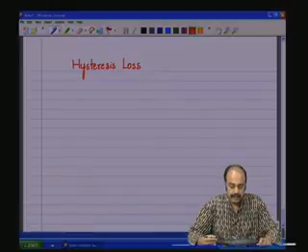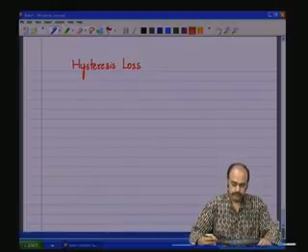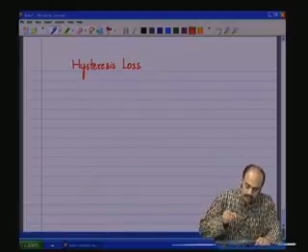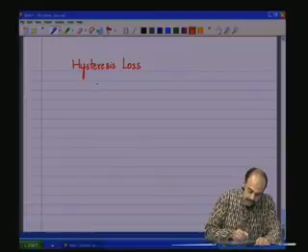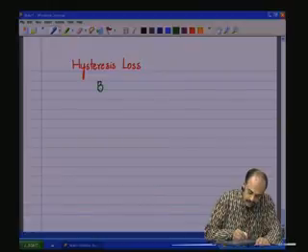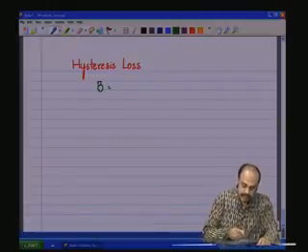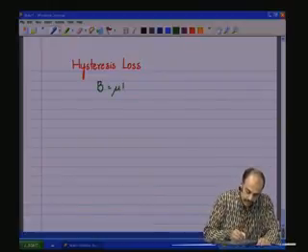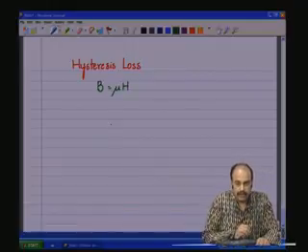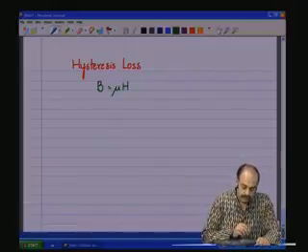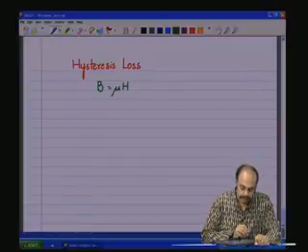It is not linear in nature. And the flux density B is given by mu H, where mu is not a constant, but it keeps changing based on the operating point.